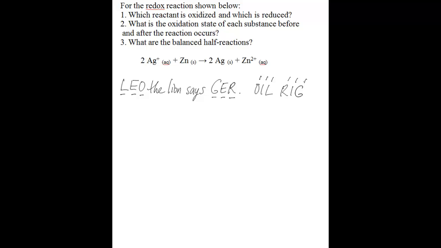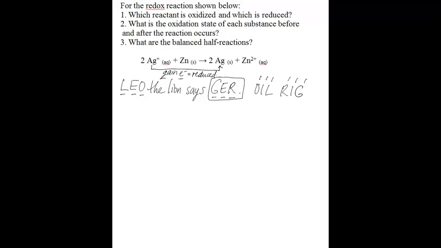So what is going on in this reaction in terms of which reactant is oxidized and which is reduced? So let's look at the silver cation first. The silver cation as a reactant becomes a solid silver as a product. So when this happens, the silver gains an electron. So if you're using the GER mnemonic device here, you have gain electron reduced. So the silver cation is reduced.